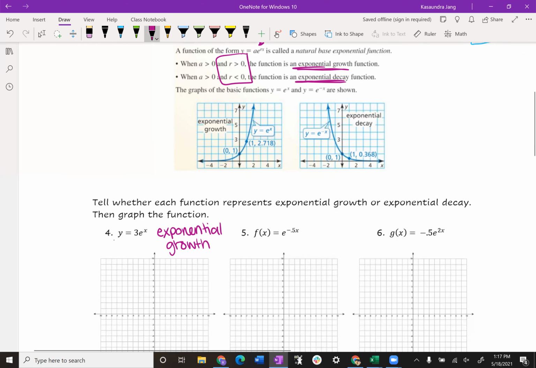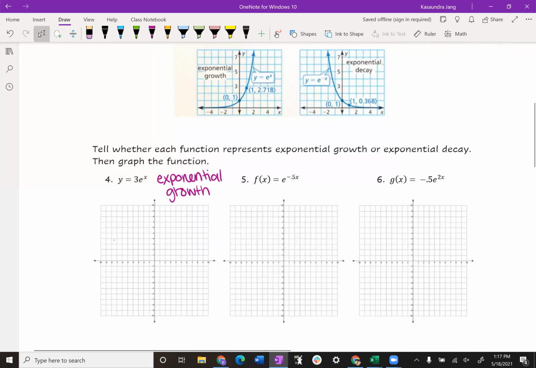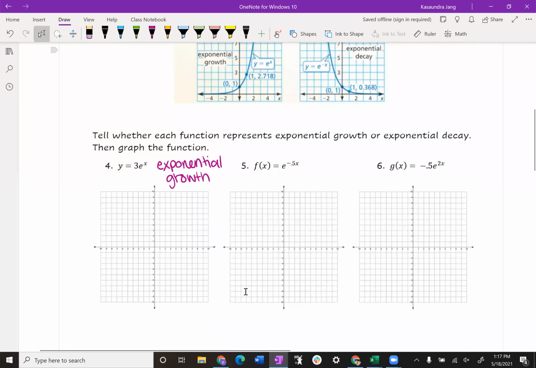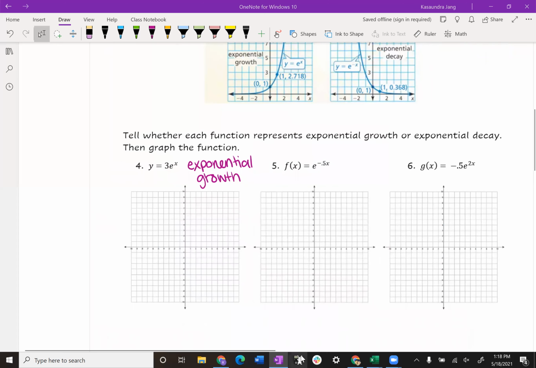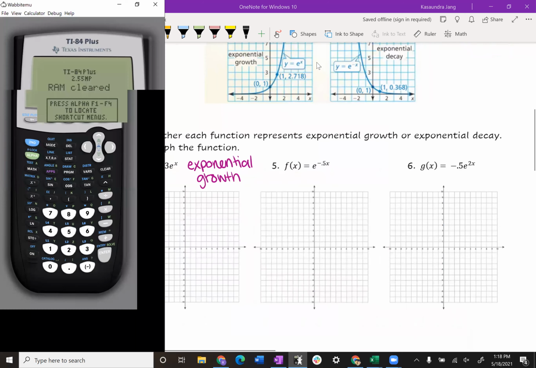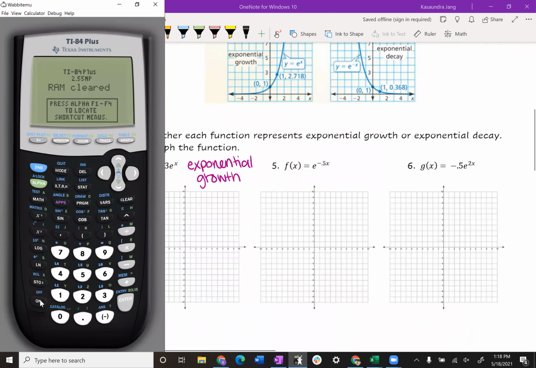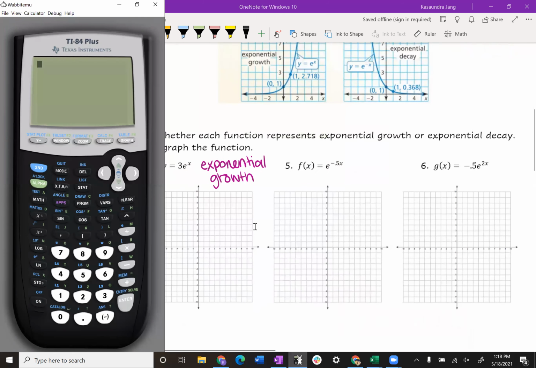Actually, let's get some points here. I'm just going to do an XY chart. Okay. So let's see, I'll try to plug in a negative.